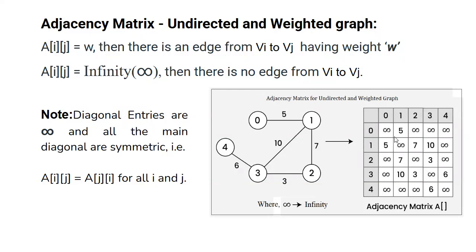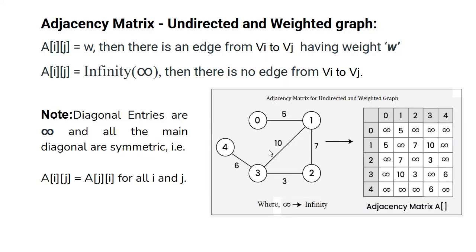Okay, and you have to know that all diagonal values in this undirected but weighted graph are infinity. Why we fix it as infinity is that each and every vertex has no loop. That is, there is no direct path from it to itself. A cyclic path may be there, and that cost can be calculated later, but there is no direct path from one to one, though an indirect cyclic path is there.